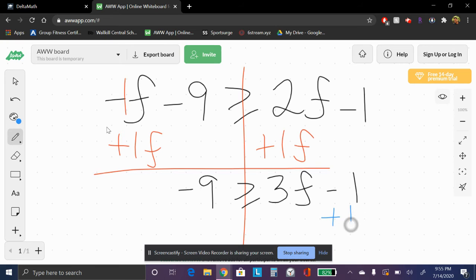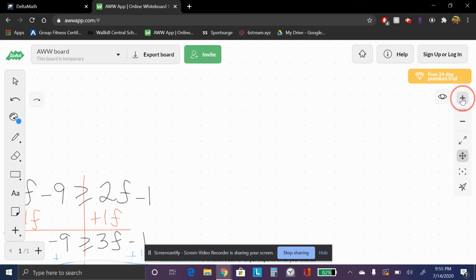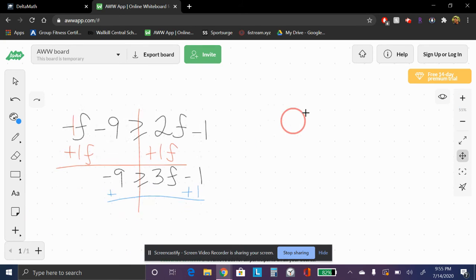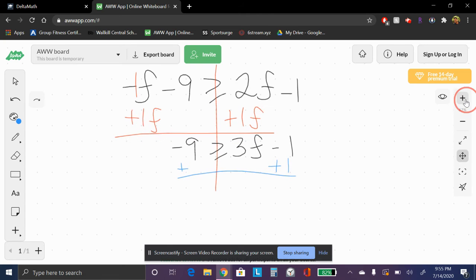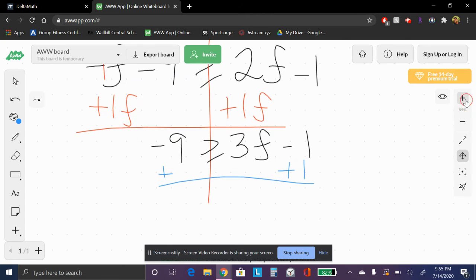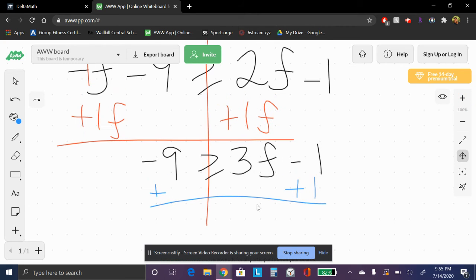Add 1 to both sides, and you get negative 8.